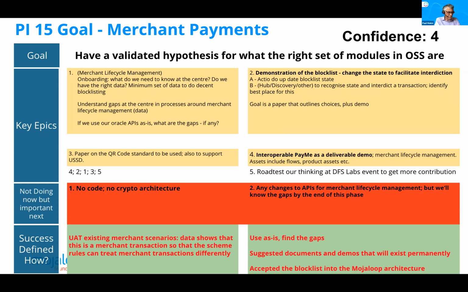Just because Visa and MasterCard use it doesn't mean that we can't use it, and that would actually in the future potentially support things like international transactions. We'll develop a paper on that and how we might use the standard, and in particular how our implementation wouldn't impact on what Visa choose to do, which is probably quite important.